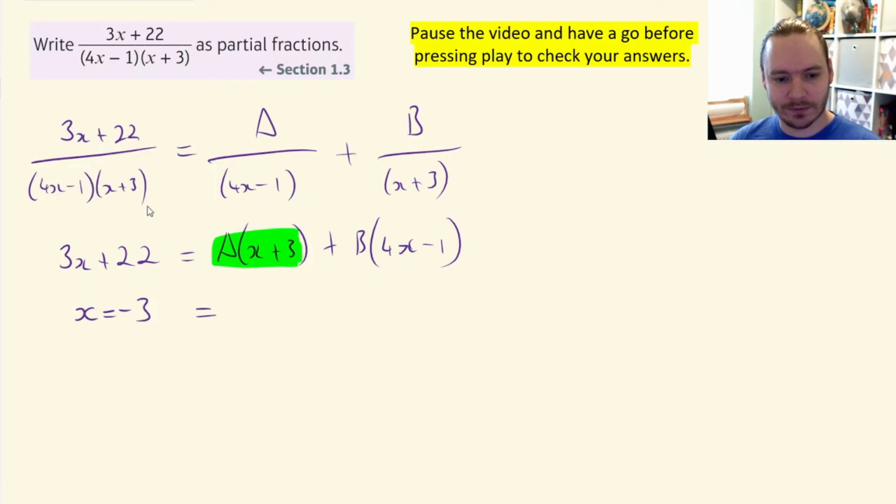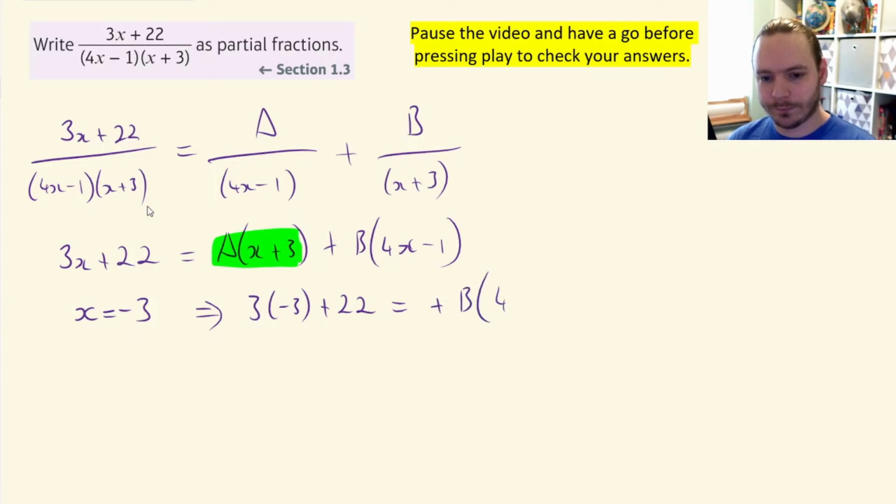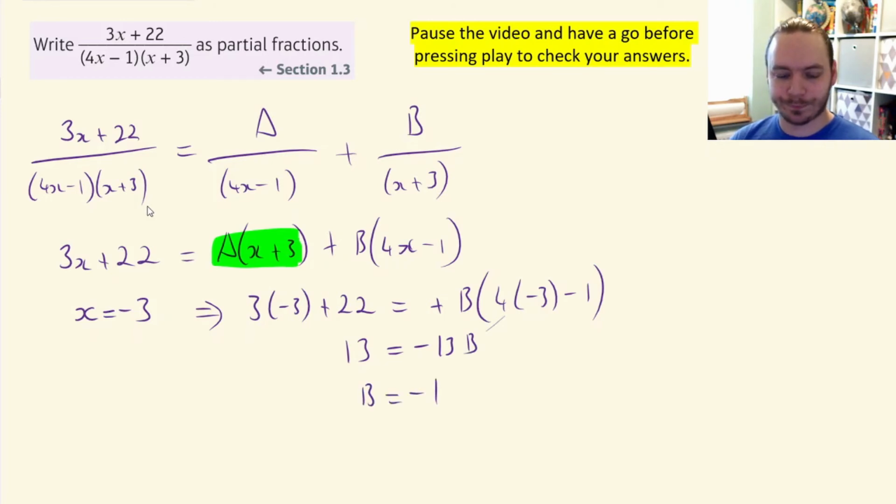So 3 lots of negative 3 add 22 equals nothing plus B lots of 4 lots of negative 3 take away 1. And we can tidy this up. This is negative 9 plus 22, so that's 13. And then this is negative 12 take away 1. This is negative 13B.